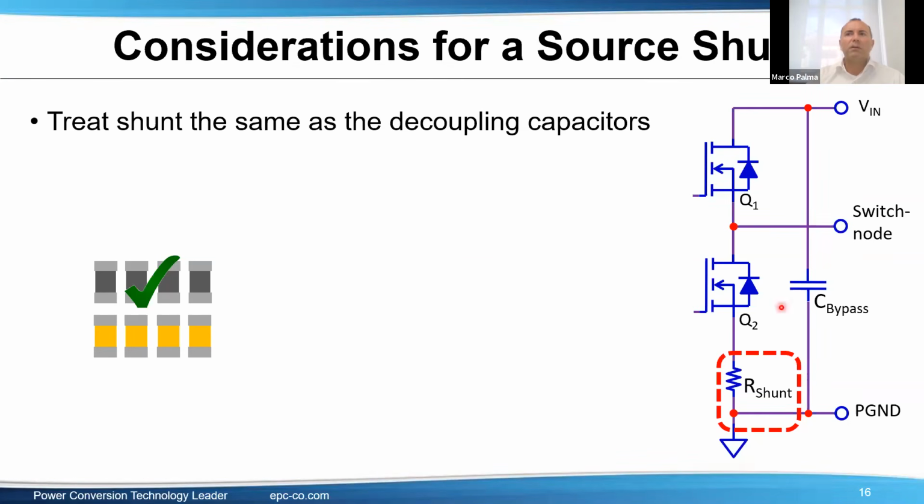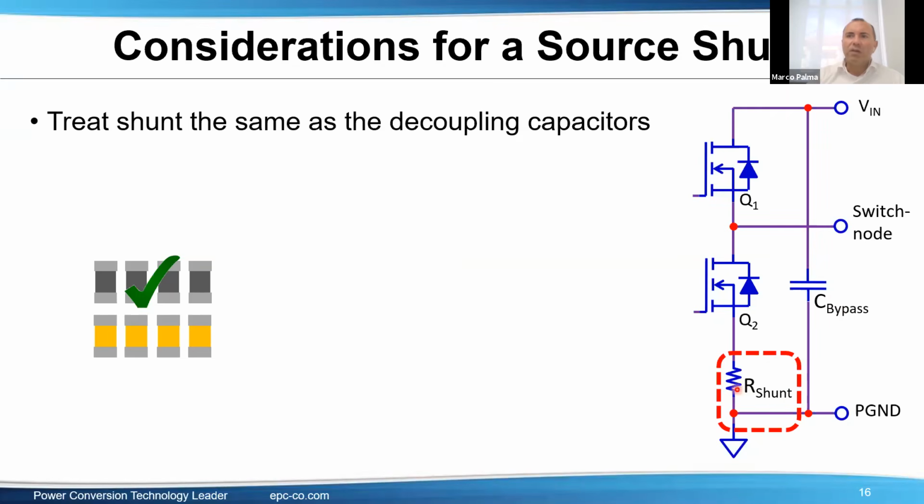Remember, we need to reduce all inductances, the common source inductances and the power loop inductances. And the shunt is just in series with both the low side gate and also the power loop, mainly with the power loop, because the gate low side can be closed directly to the source, but the power loop is there.